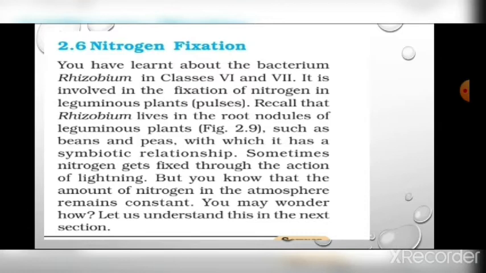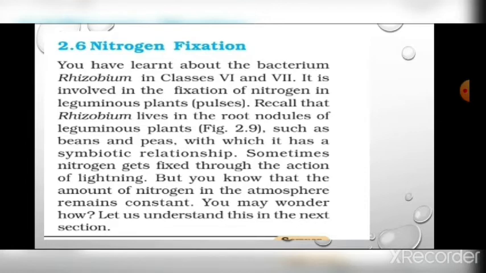Sometimes nitrogen gets fixed through the action of lightning. But you know that the amount of nitrogen in the atmosphere remains constant. We all know that every gas in the atmosphere, its percentage remains constant.